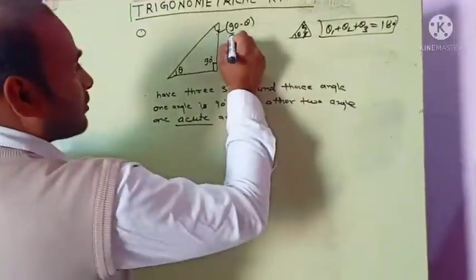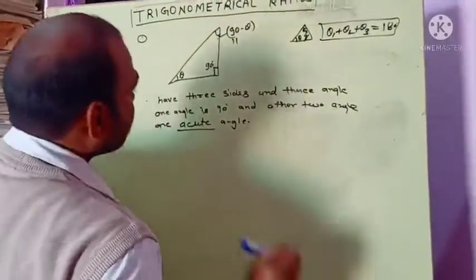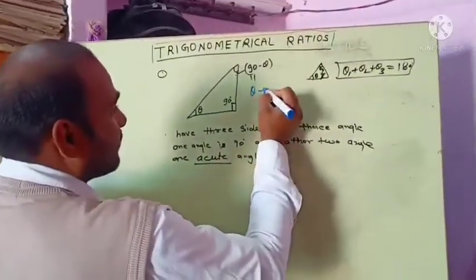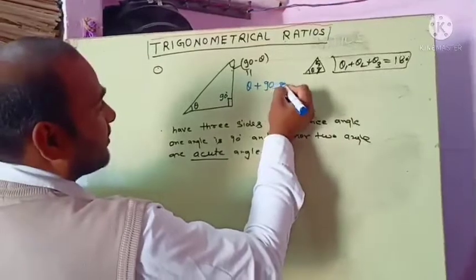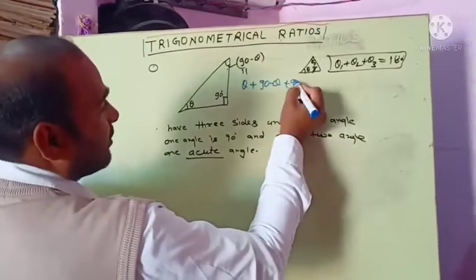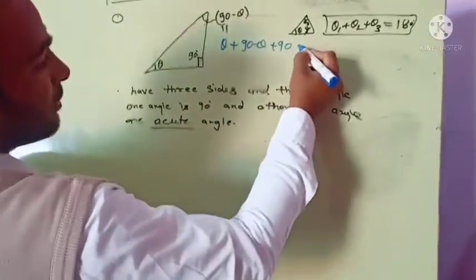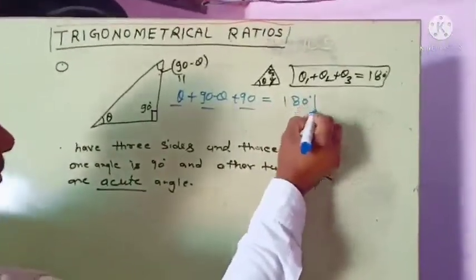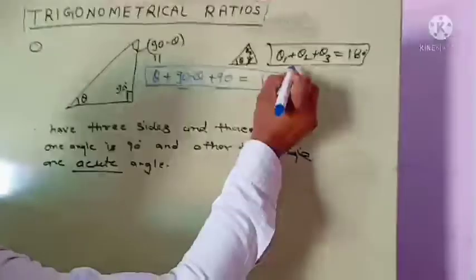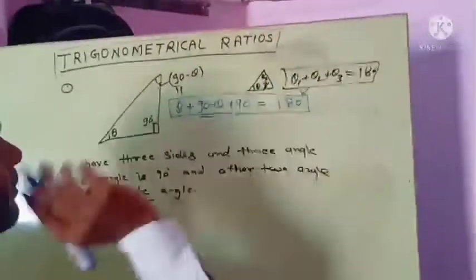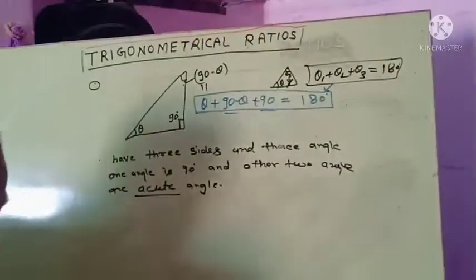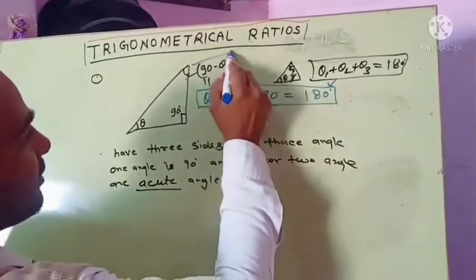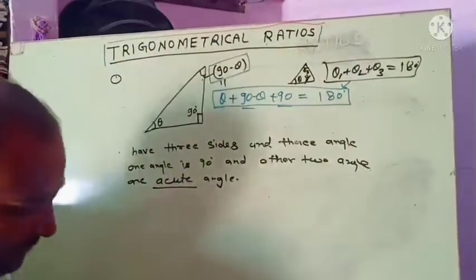So here theta plus 90 minus theta plus 90 equals 180 degrees. That property is satisfied in a right angle triangle. So this angle is 90 minus theta.